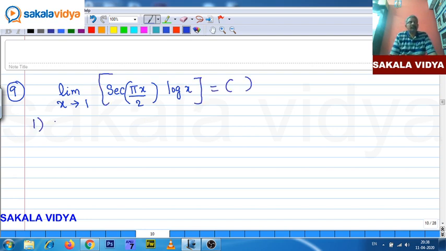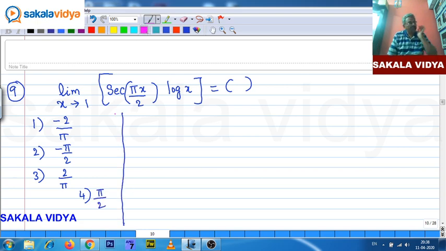First option minus 2 by pi, second option is minus pi by 2, third option is 2 by pi, fourth option is pi by 2. Limit x tends to 1, secant of pi by 2 into x into log x.